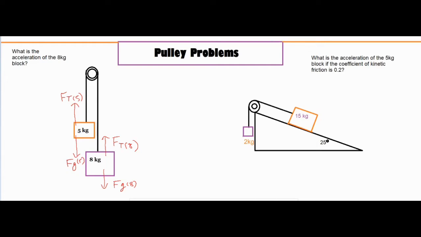All right, so I drew the forces on each of my objects. I called these FG8 and FG5, so I knew which force of gravity was which. And then I also did the same with the FTs.